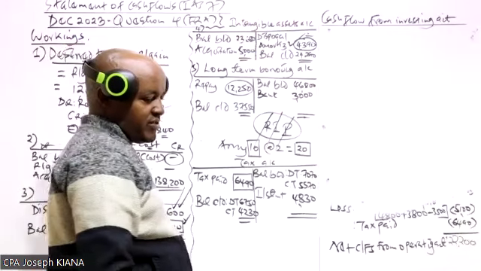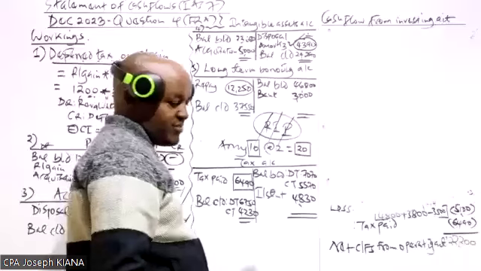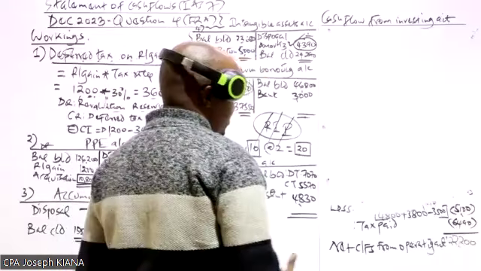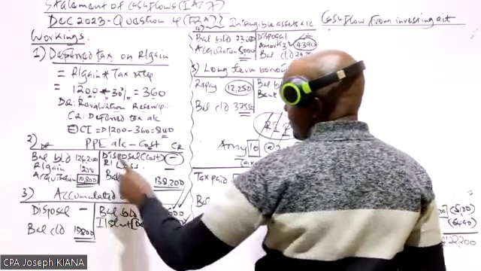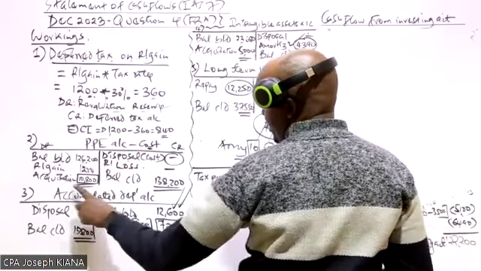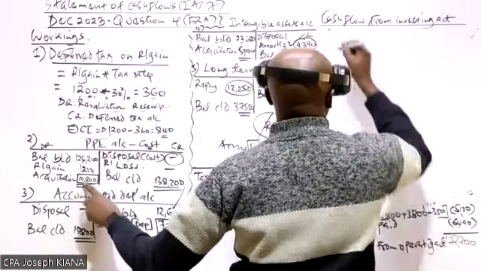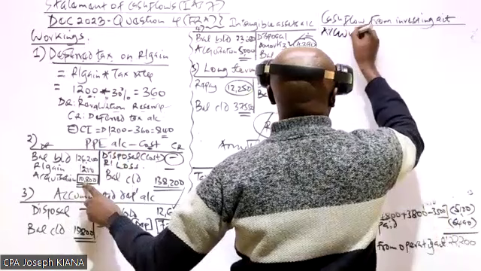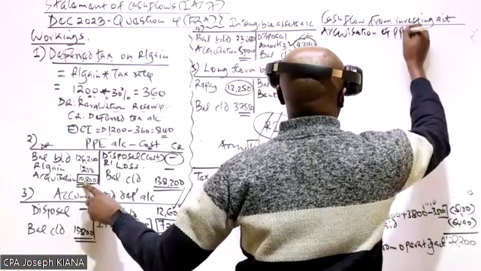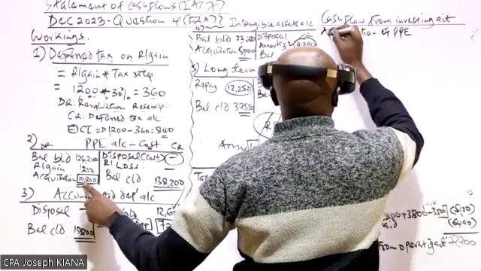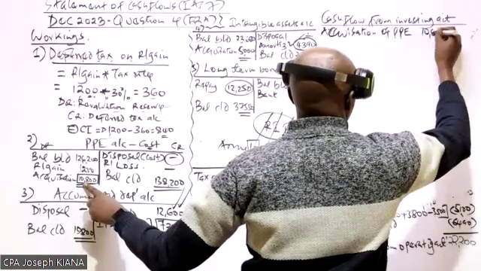From the workings which we have done, from the account which we prepared, we determined that some items of property, plant, and equipment were acquired. So during the current year, there was acquisition of property, plant, and equipment, which had a value of 10,800.